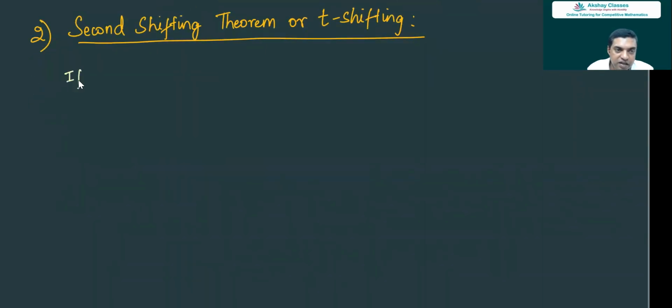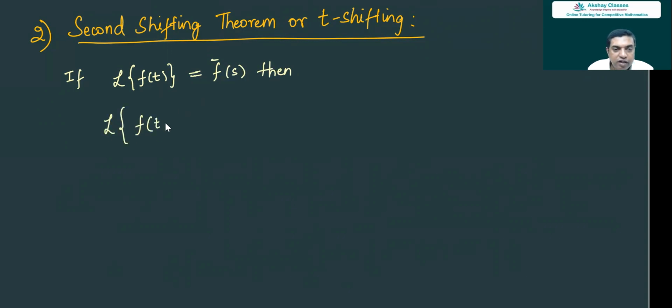Now, if L, the Laplace transform of f of t, is f bar of s, then Laplace transform of f of t minus a times the unit step function will be e power minus as times f bar of s. Okay. Now this we need to show.